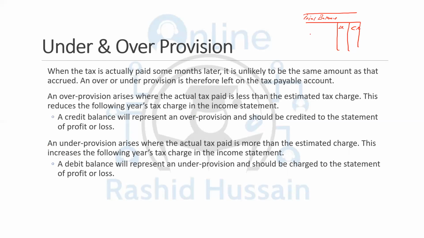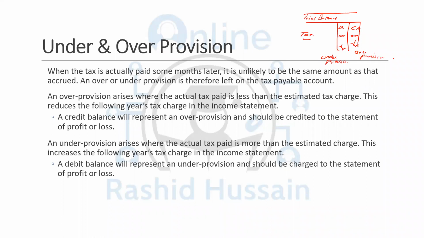So if you're having a debit balance within the trial balance relating to tax, then this means this is an under provision. If you're having a credit balance within the trial balance relating to tax, that simply means over provision.